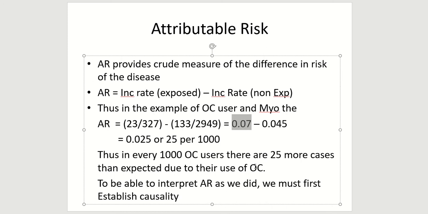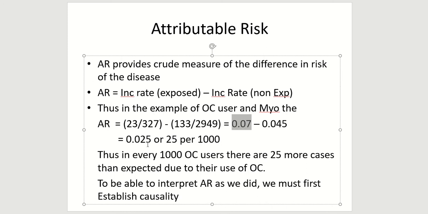The difference between 45, which would be the expected if the exposure didn't do anything, and the actual value that you saw, that difference is the additional number of cases. Why is there an additional number of cases? Because they are exposed. That's how we interpret it. We say per thousand exposed, the number of additional cases attributed to their exposure status is, in this example, 25.